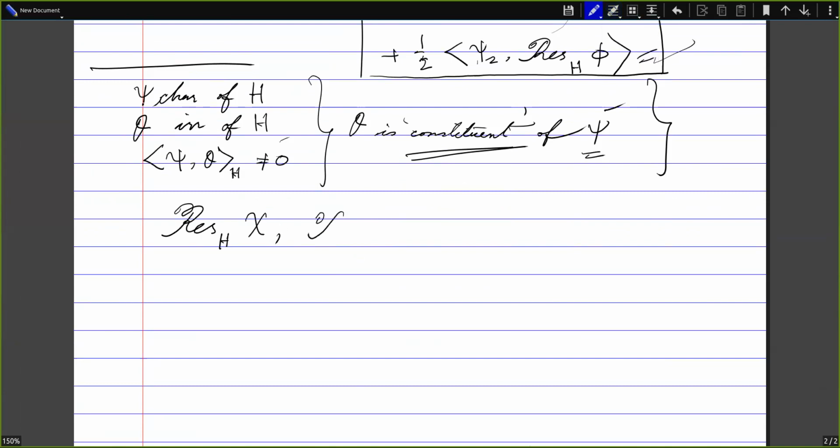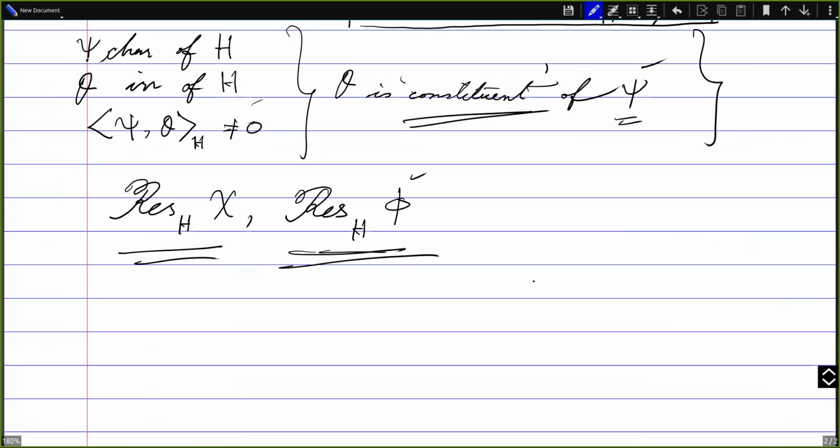Recall that res phi is also like this. Since phi is also an irreducible character, even for this we have two options: either it is itself irreducible, or it has two distinct irreducible constituents. If they have any constituent in common, we should remove the word irreducible while saying irreducible constituent, because constituents are defined as the irreducible ones.